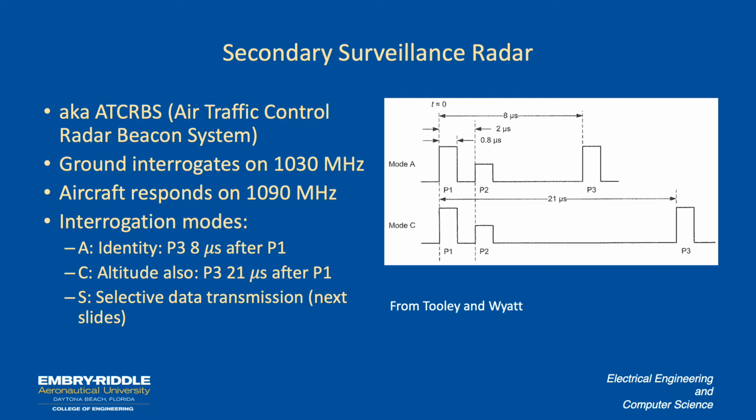The time between pulse 1 and pulse 3 told us whether it was a mode A or a mode C interrogation, and whether P2 was smaller than P1 and P3 or larger. P2 came from that omnidirectional set of antennas, and so if P2 was larger, that means you were not in the primary beam of the rotating antenna, and so you were supposed to not respond if P2 is larger than P1 and P3.